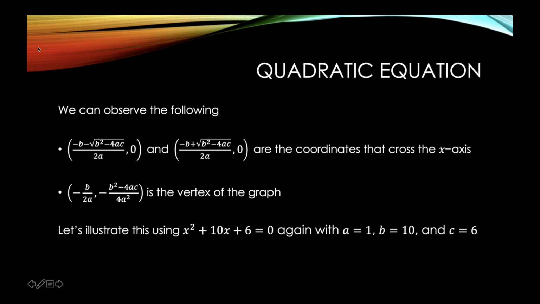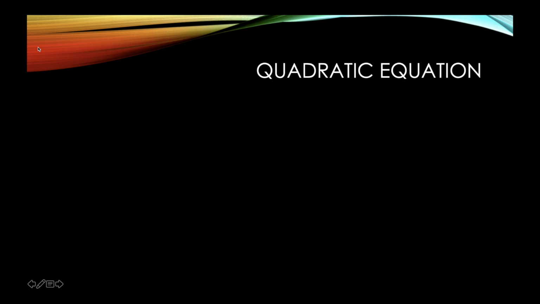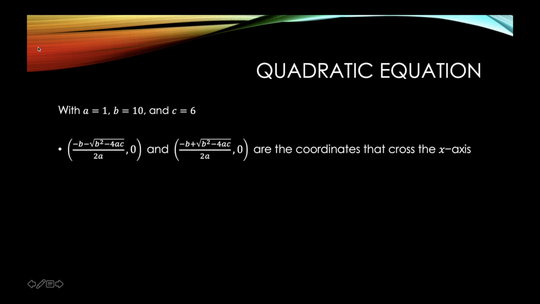Let's illustrate this using the same example, but now we're going to fill in these coordinates using a equals 1, b equals 10, and c equals 6. Let's first start with the two coordinate points that cross the x-axis. You can put those numbers into the two points where we expect to cross the x-axis.